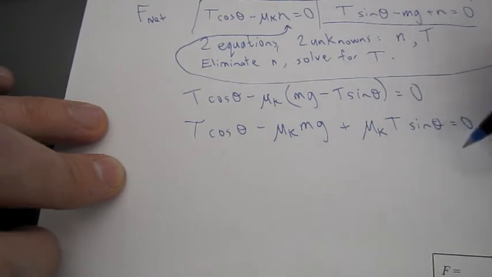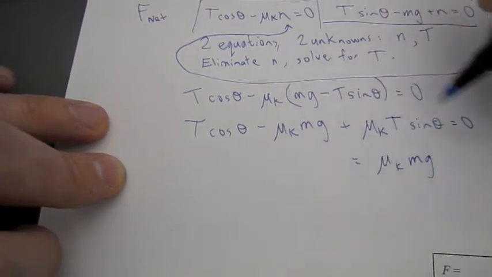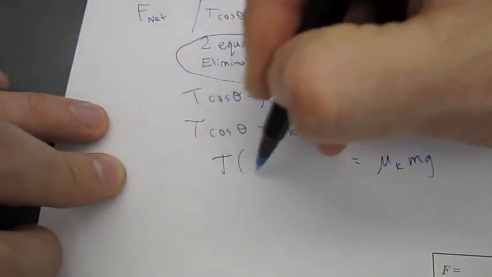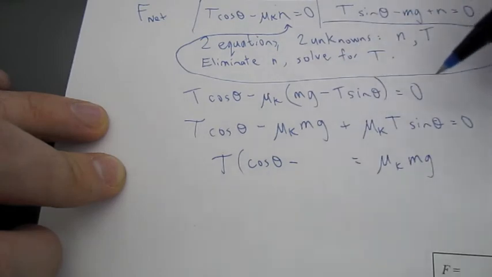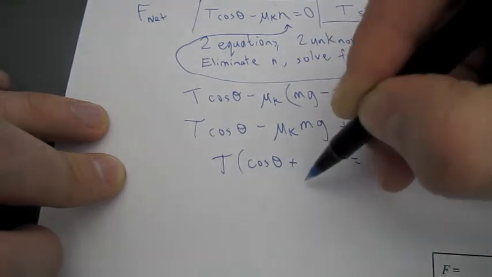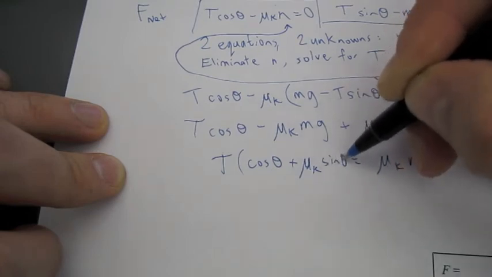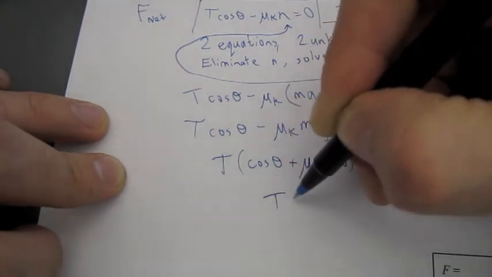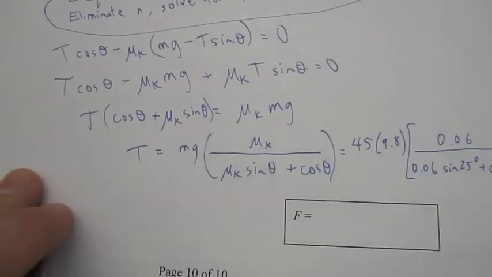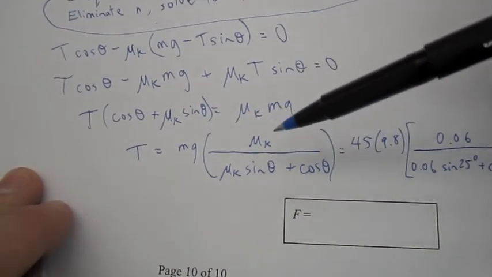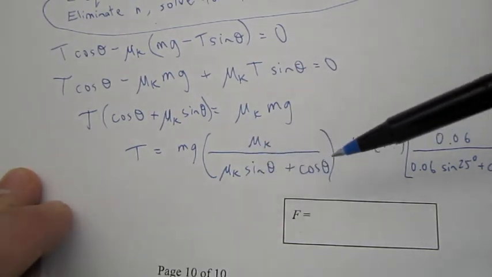So collecting like terms of t and pulling this over, we've got mu sub k times mg is equal to t times cosine of theta plus mu sub k times sine theta. So that the tension here is equal to mg times mu sub k over mu sub k sine theta plus cos theta.